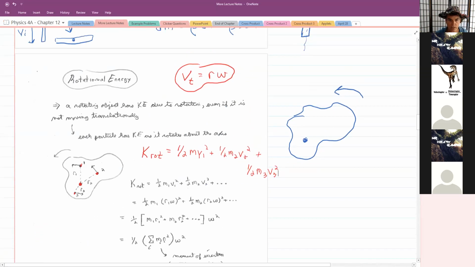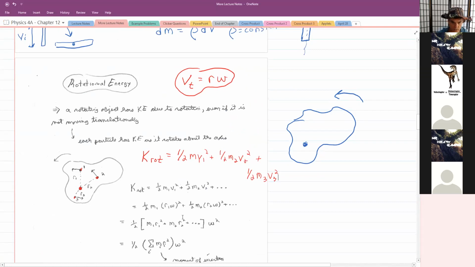Well, I can relate the linear speed to the angular speed. Let me just correct that for 1 second. One of the key things about a rotating object, if it's a rigid body, is that all parts of the object are rotating at the exact same angular speed in radians per second.